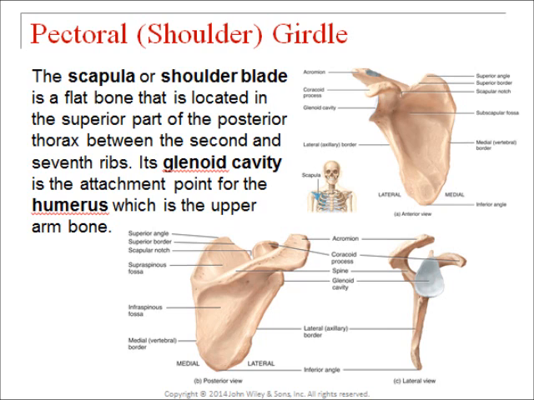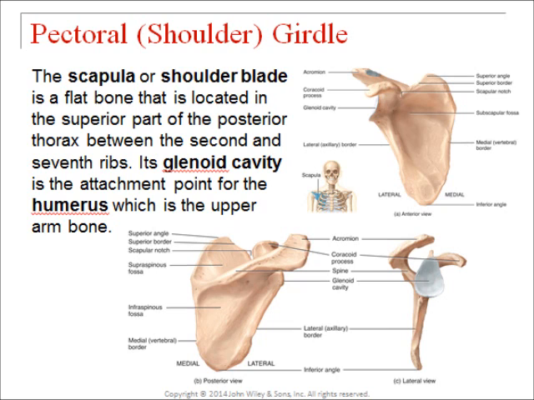The second bone that makes up the pectoral girdle is the scapula, or shoulder blade. The scapula is a flat bone that's located in the superior posterior thorax, specifically between ribs number 2 through 7.